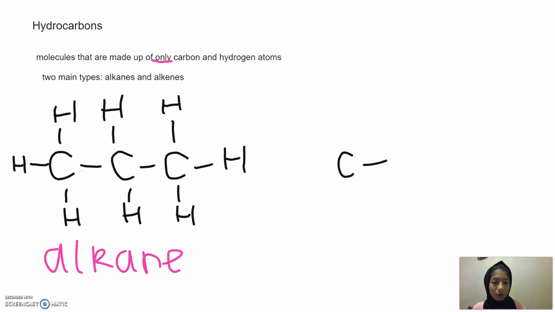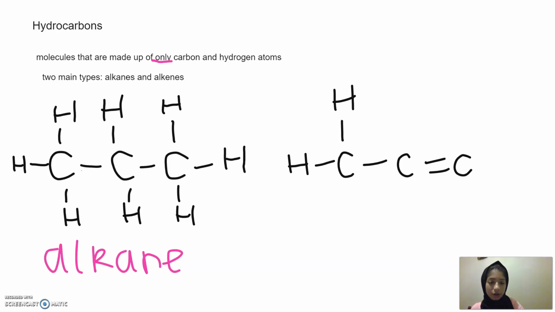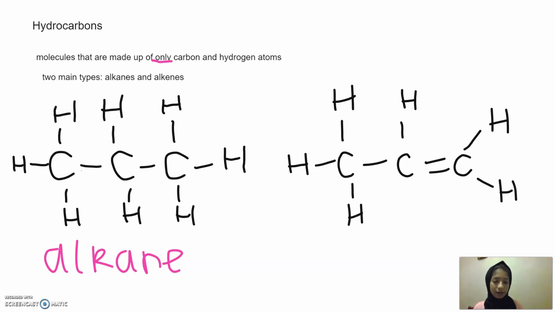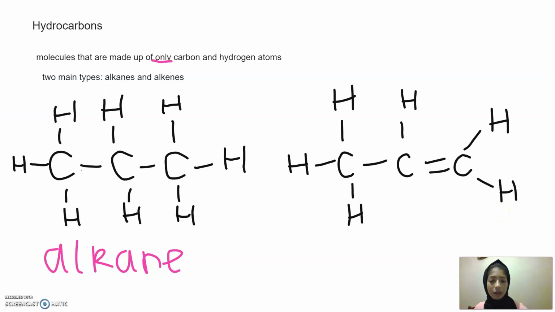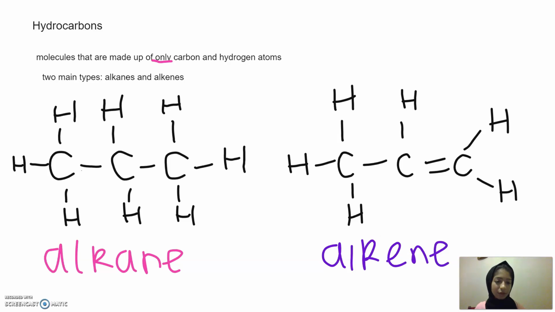Again, I'm going to be drawing our 3 carbon chain. And we've got our 4 covalent bonds for each of the carbon atoms. So I'm going to fill these in with hydrogen atoms. And then I'm going to label this as an alkene. There we go.